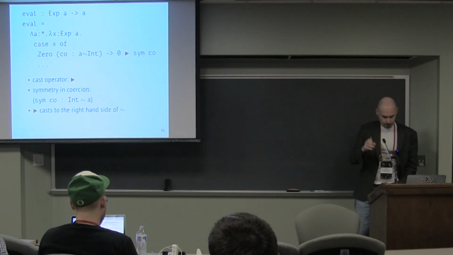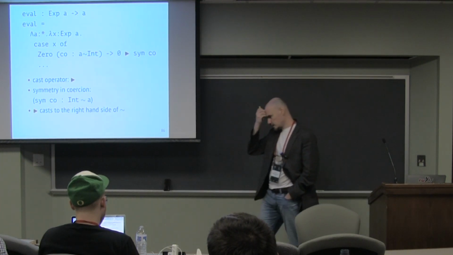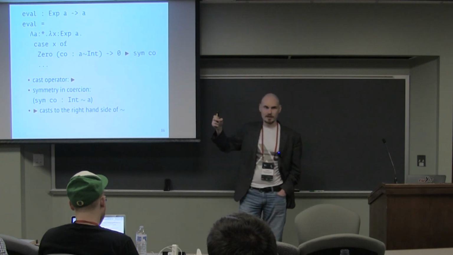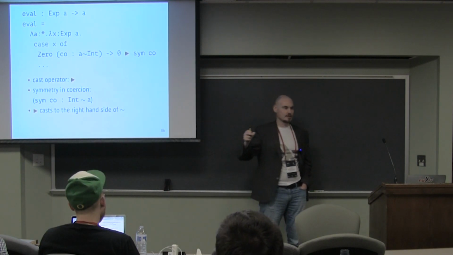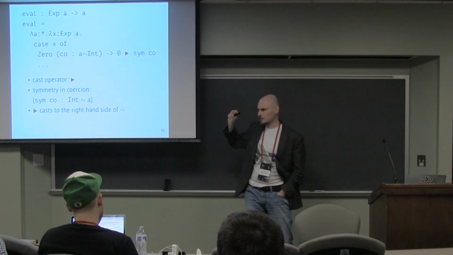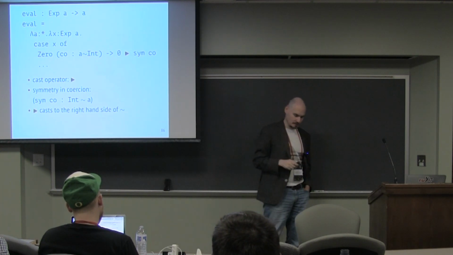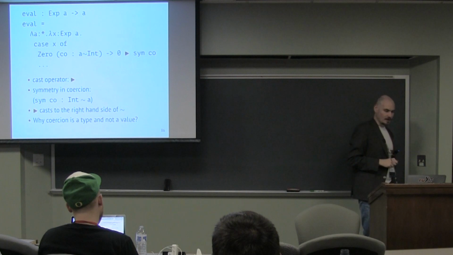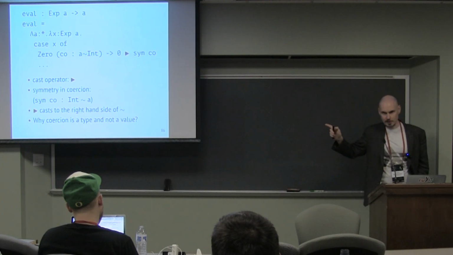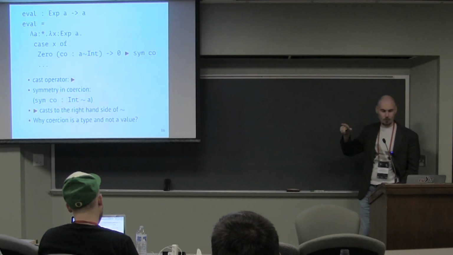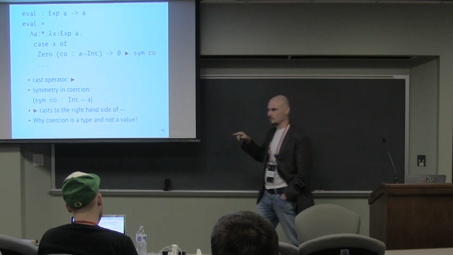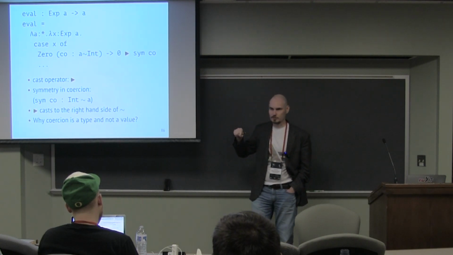All right, so there is no need to extend GHC Core with generalized algebraic data types. It's enough only to add these coercions, and that's it. And one question here: again, why is a coercion a type and not a value?